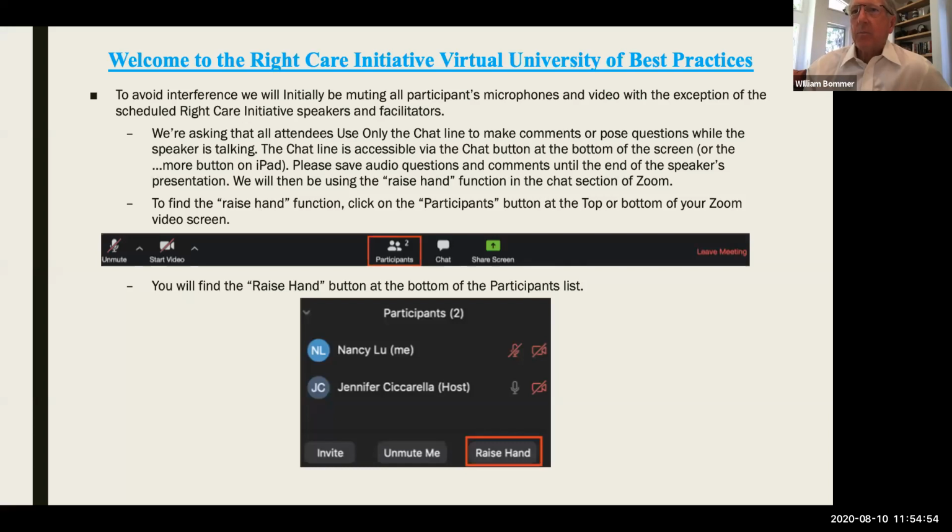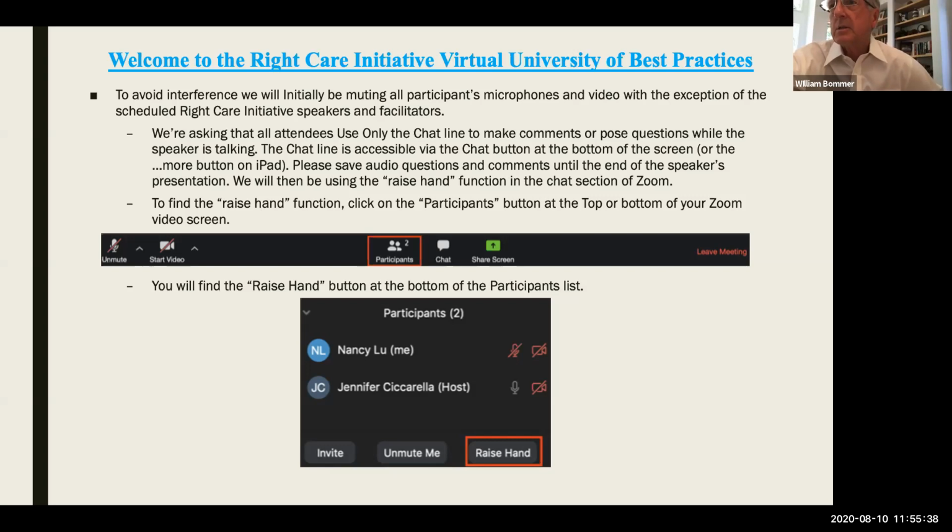One is the chat box, and the chat box will be on all of the time. If you go to the participants button and click on it, you can see a chat, or it will be on the top of your screen as chat. On mine, it actually is under more, so it may be different on programs that are Microsoft versus Apple.